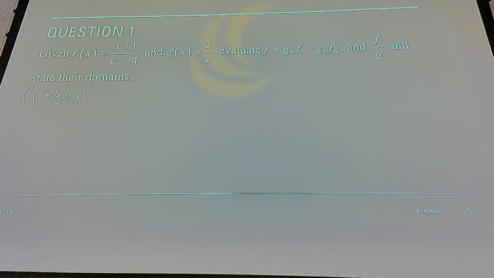So we start with f plus g. Just f of x plus g of x.